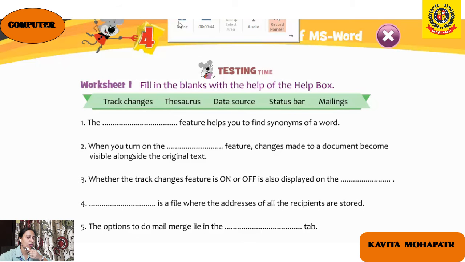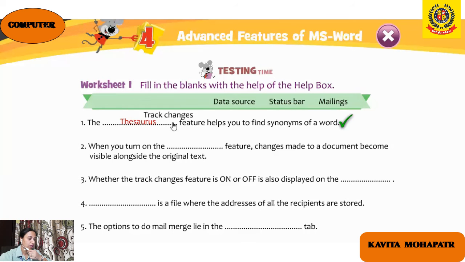Data source is a file where the addresses of the recipients are stored. Now the options to do mail merge lie in the mailing tab.